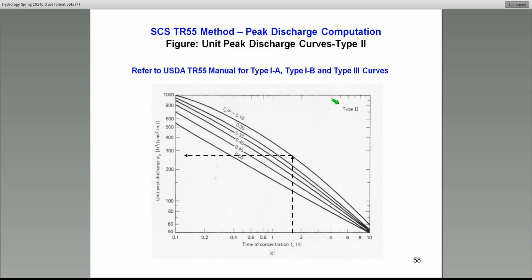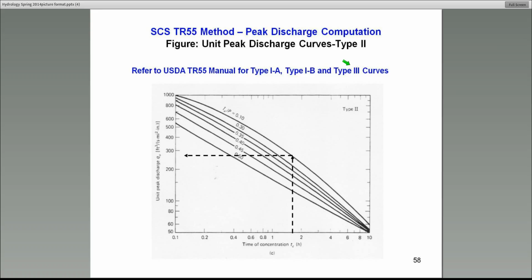As I've mentioned in the title itself, there are 1A, 1B, and type 3 curves, which you can get from the SCS manual if you need to. 1A and 1B are for the western coast United States, mainly California and Washington, those areas. And type 3 is the Gulf states, Louisiana and so on, and Florida, because these are affected by hurricane activity, and therefore they separated them out.